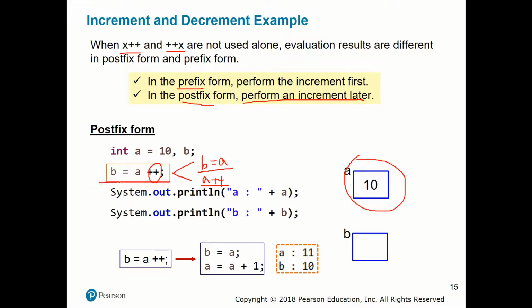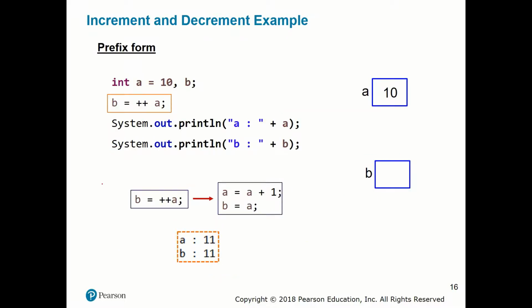And after this line, A is assigned to B first, and then A is incremented later. So after this line, A becomes 11, but B is 10. So if we print out, we have this result.